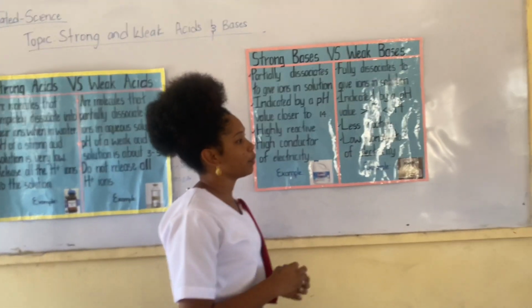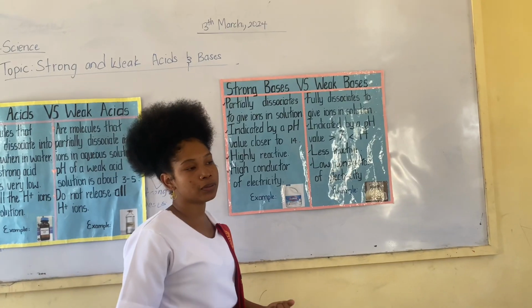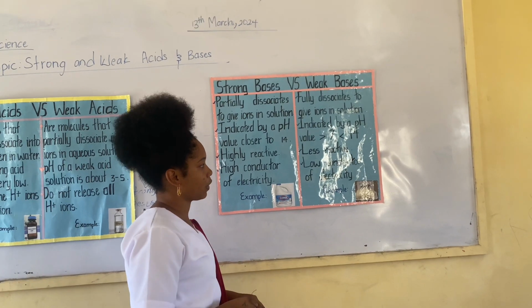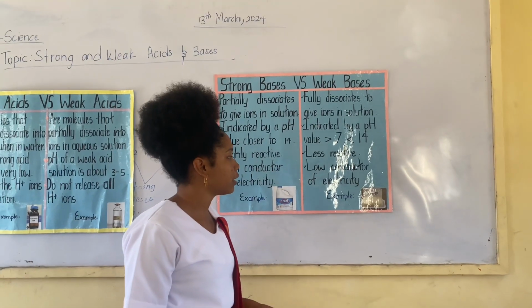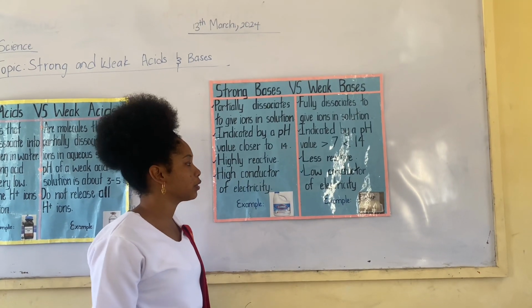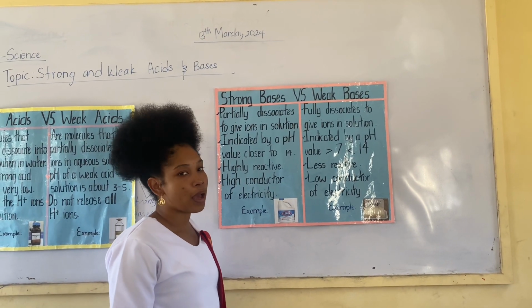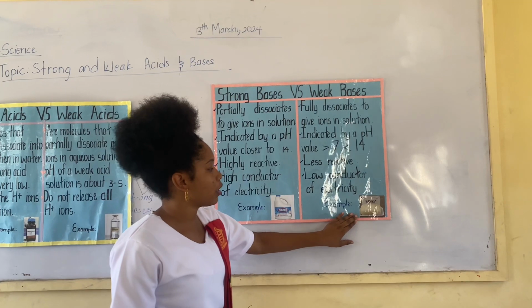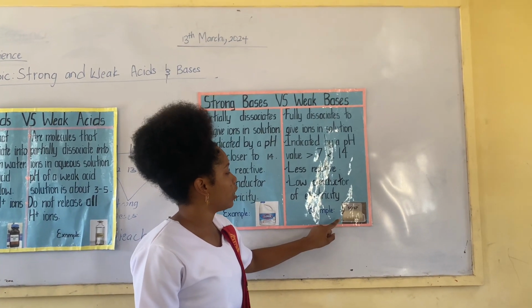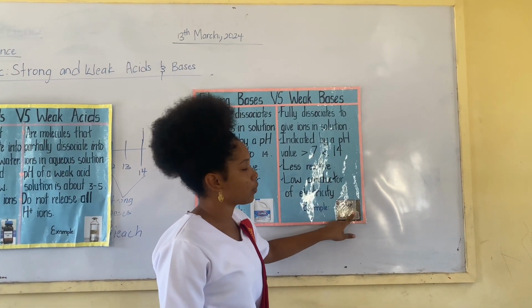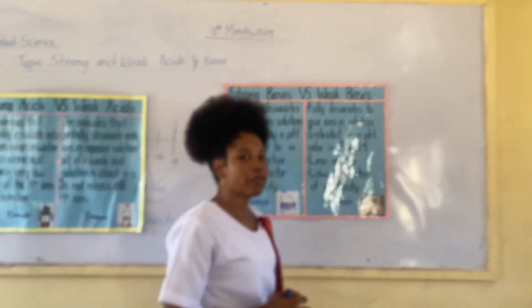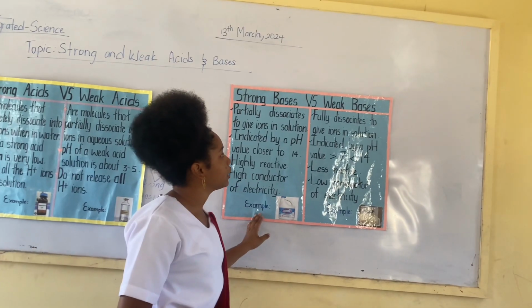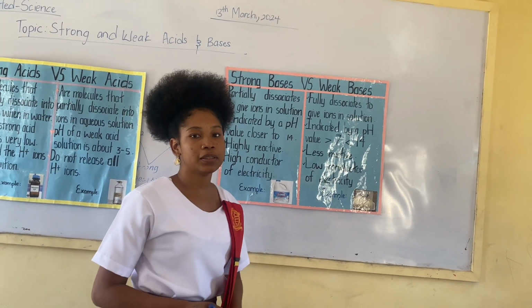So we can say weak bases start from 8 to 11. Also, weak bases are less reactive and they are low conductors of electricity. And we have a picture of an example of a weak base, and this is salt. We also identified it earlier. So, everybody clear on what strong bases and weak bases are?